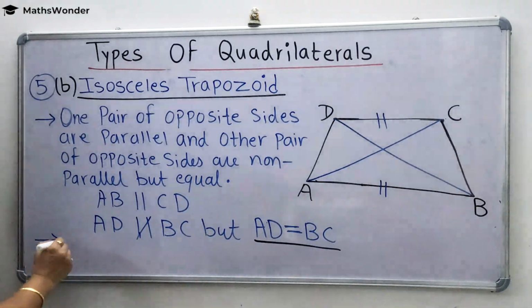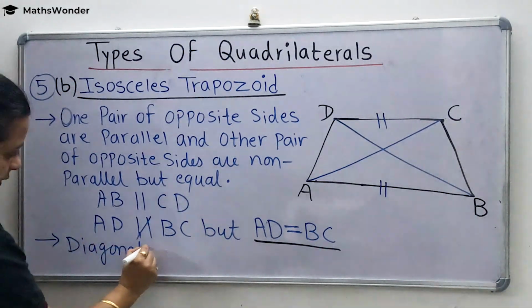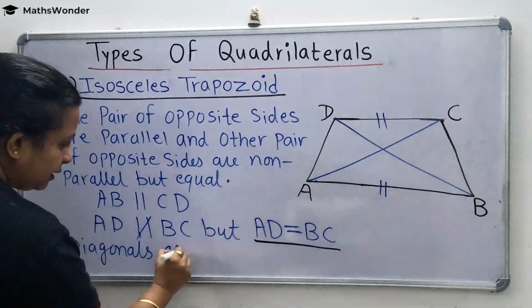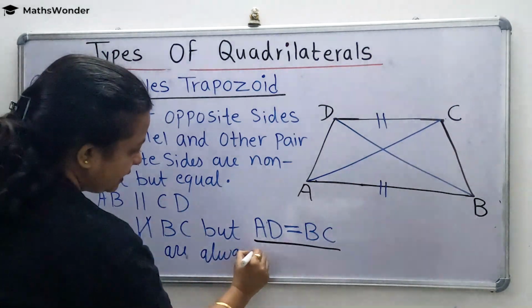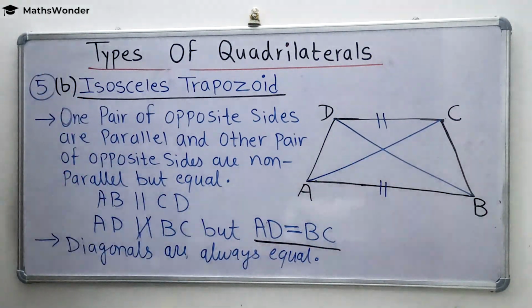So write down diagonals are always equal.